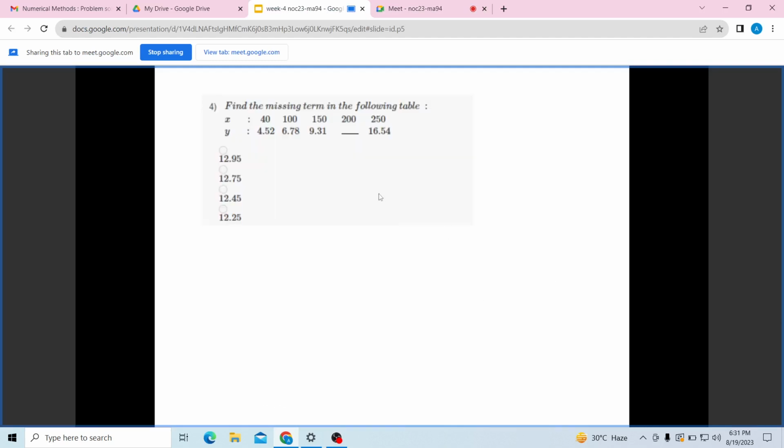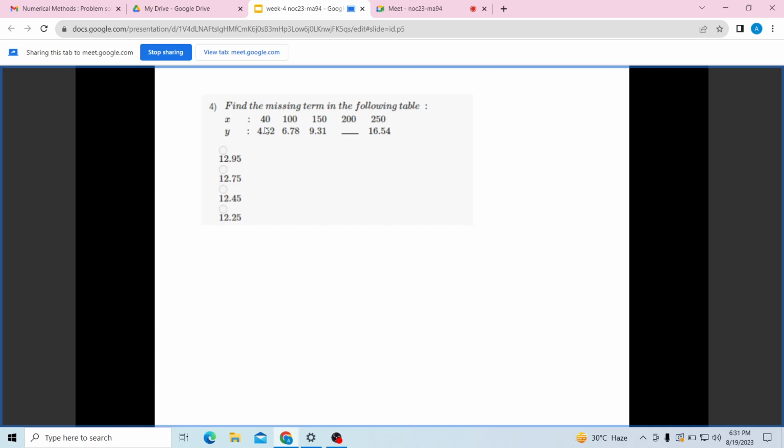So question number 4 says: find the missing term in the following table. You have been given a table with x values as 40, 100, 150, 200 and 250. Corresponding to those x values, you have been given the y value, that is the value of the function at x.